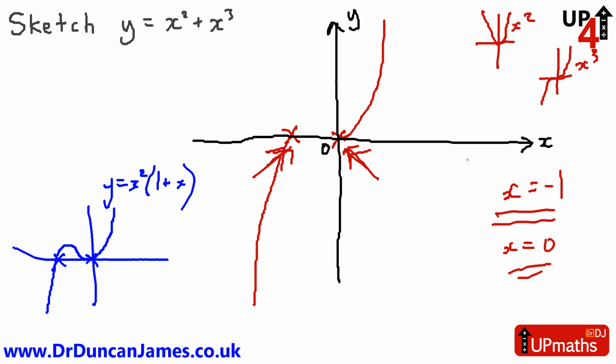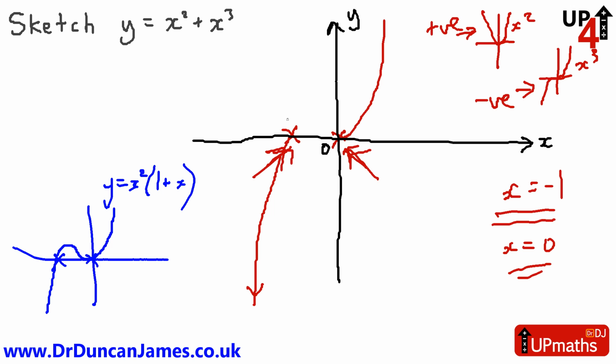Well, if you cube a number, we've got a competition here, which is you've got an x squared and you've got an x cubed. So for negative x, the x squared is trying to make it positive, and the x cubed is trying to make it negative. The x cubed eventually wins, hence I've already drawn this line going down this way, because x cubed will ultimately be bigger.